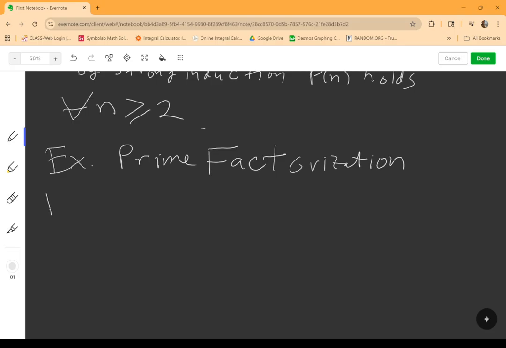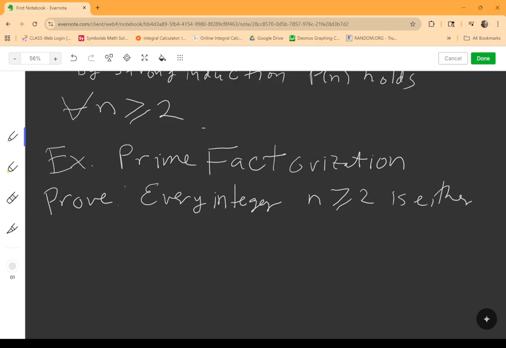I want to prove that every integer n greater than or equal to 2 is either prime or a product of primes.